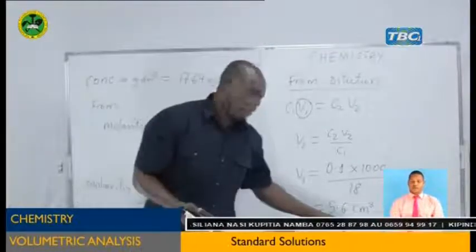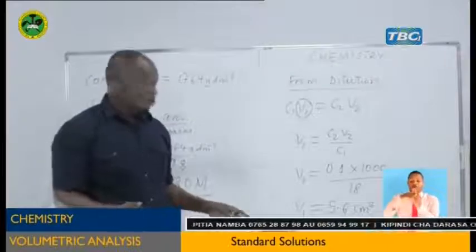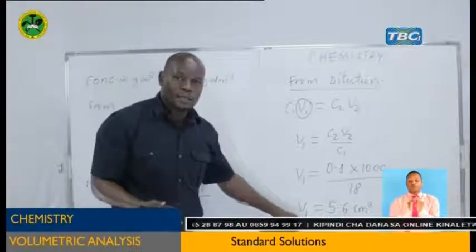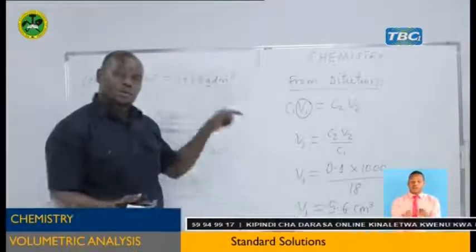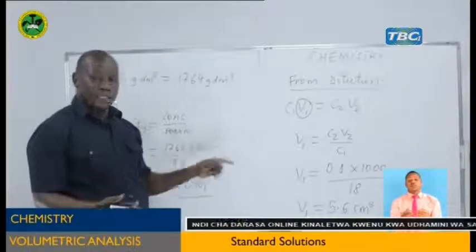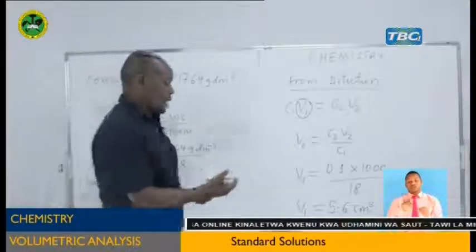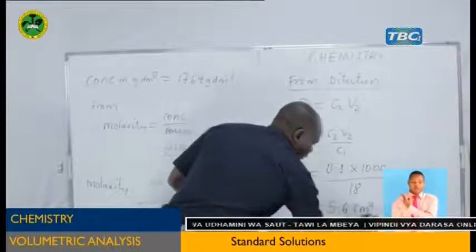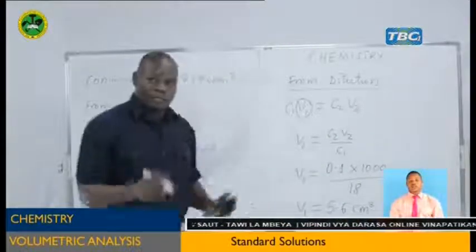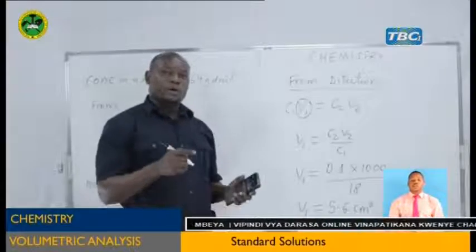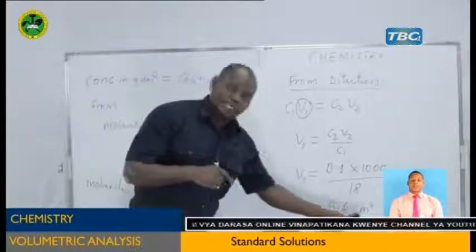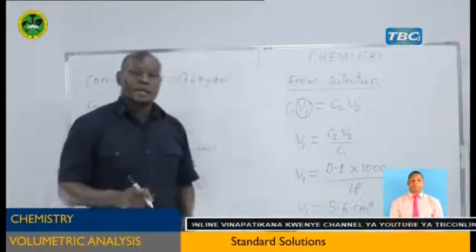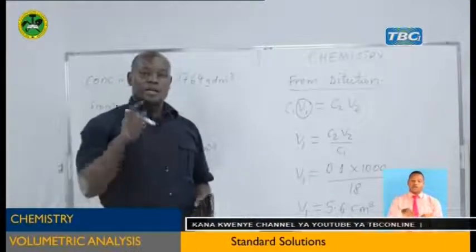This is the volume of the concentrated stock solution that should be measured. After measuring it, you can dissolve it in distilled water and make a solution of 1 liter.